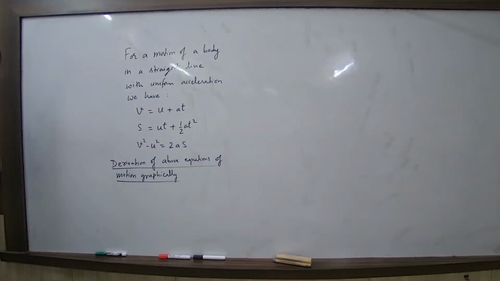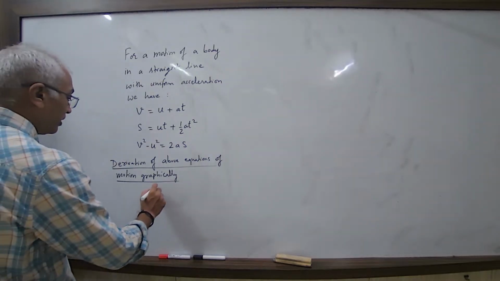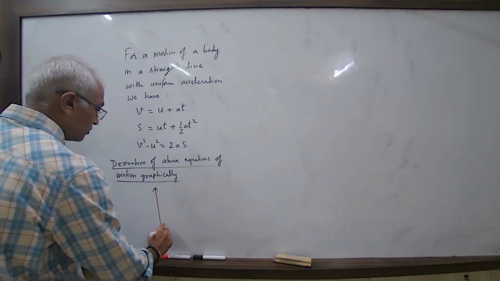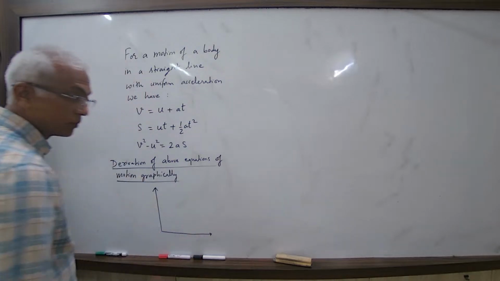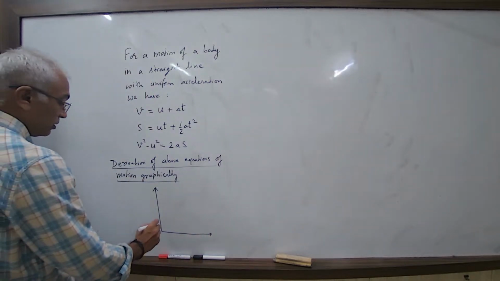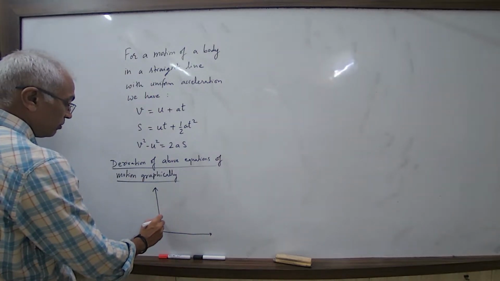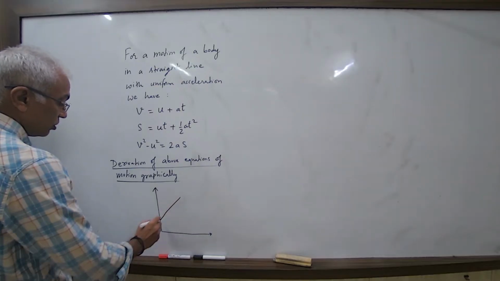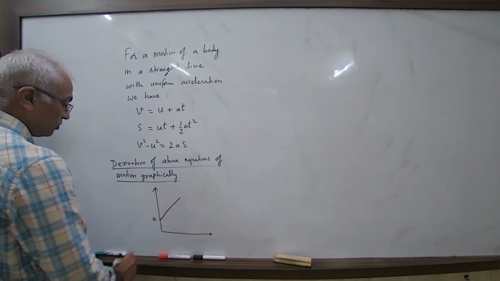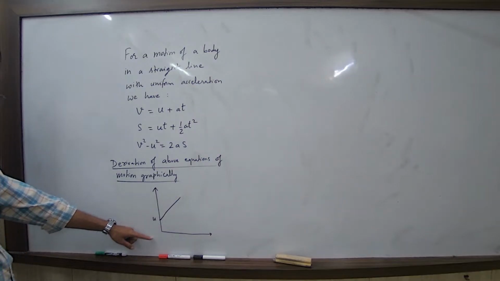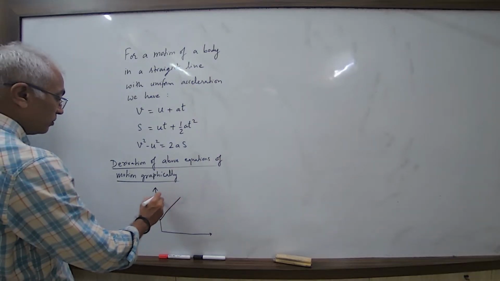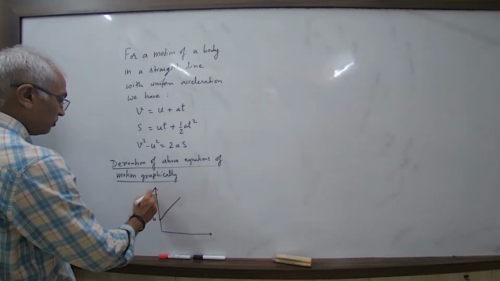Okay? So for this we'll consider a VT graph. At time t equal to 0, when we started observing the motion, the object had velocity u. Then at some later time, its velocity became v.